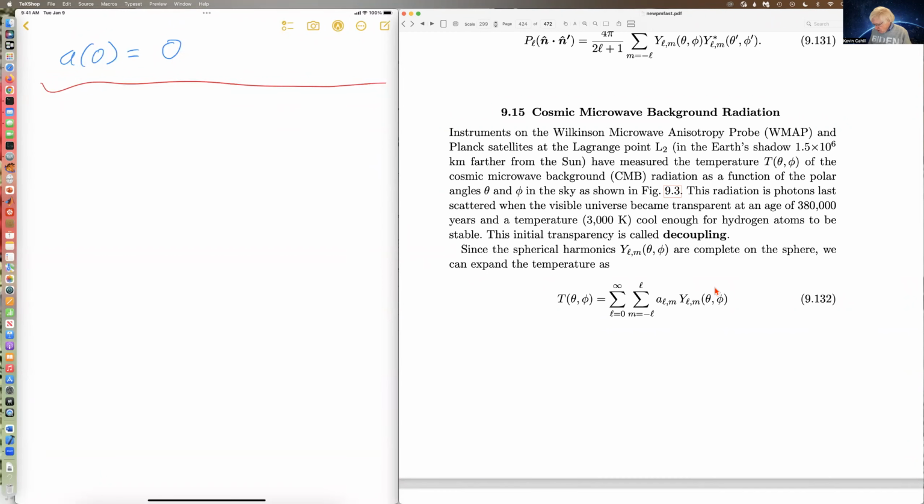And what they were hearing was the radiation from the Big Bang.